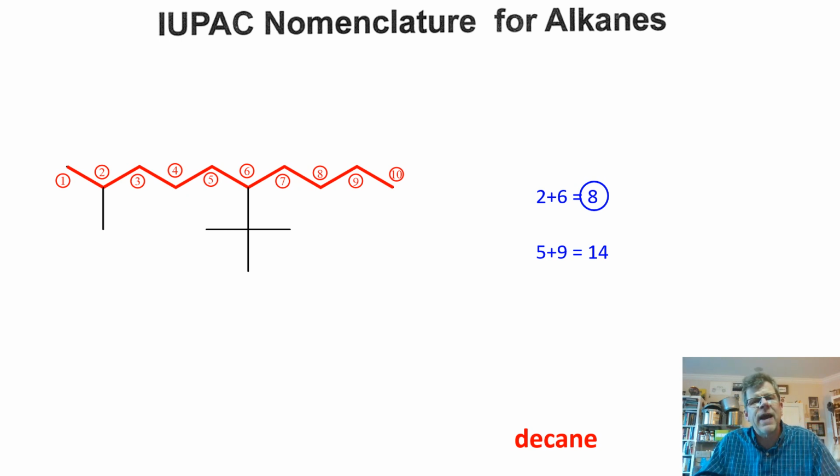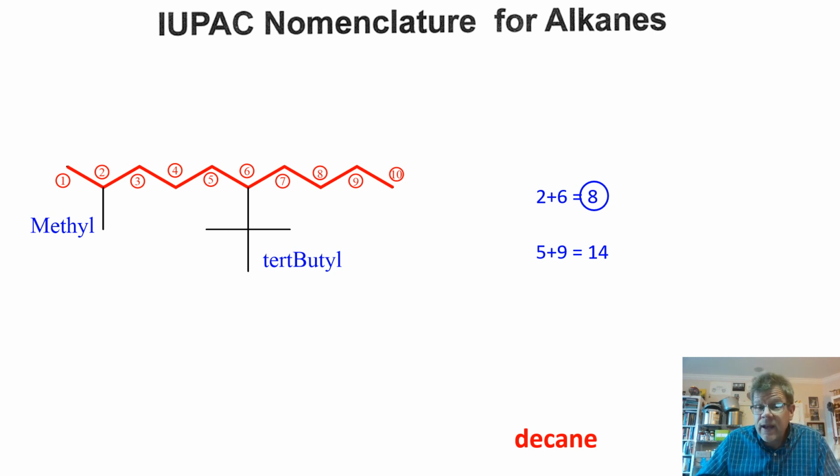Now that we've numbered, we have addresses for each of our substituents, and we have to be able to identify them. It turns out we have a methyl substituent and a tert-butyl substituent. These are examples of alkyl groups that we went over in the last lecture. And now we have to arrange these alphabetically at the front end of the name.